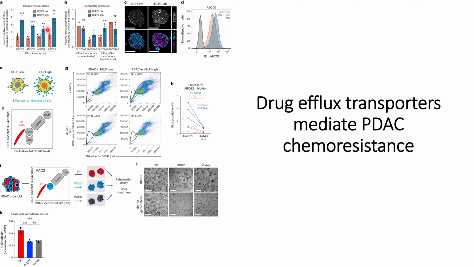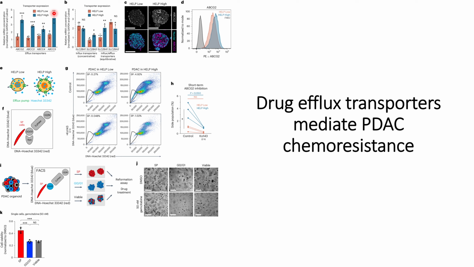What they found is that pancreatic tumors grown in high HELP have higher drug efflux transporter expression compared to tumor cells developed in low HELP.